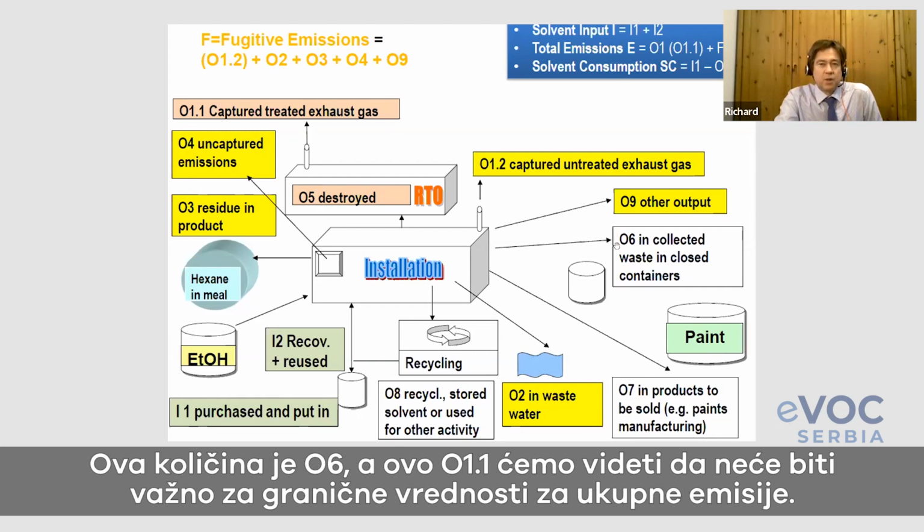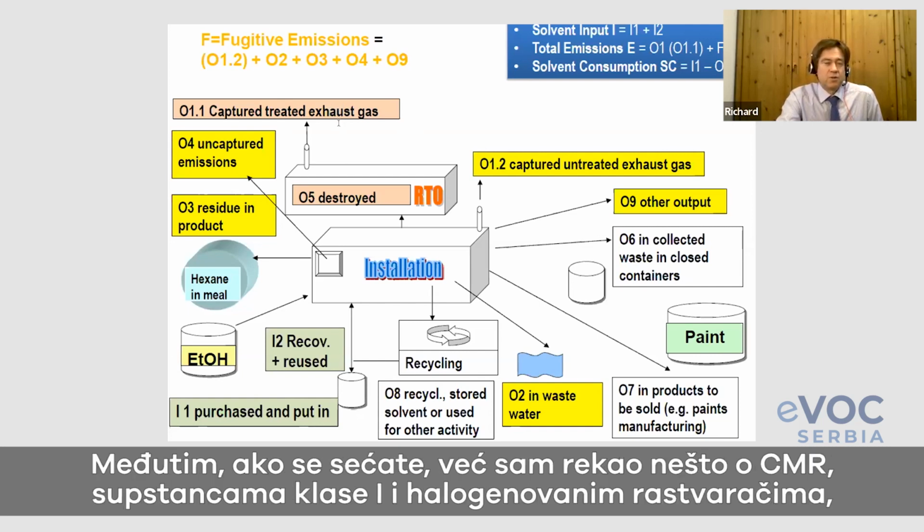That quantity is O6 and that O11 you will see for the total emission limit value, it will not be important. But if you remember, I spoke before about the CMRs and class 1 substances or halogenated solvents.